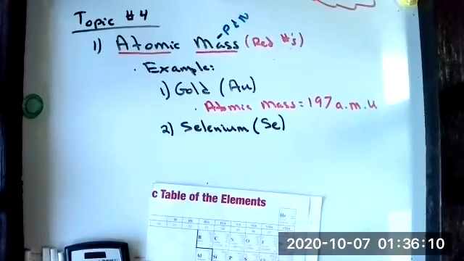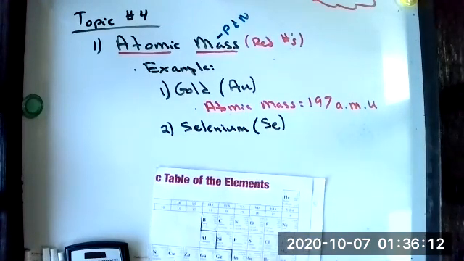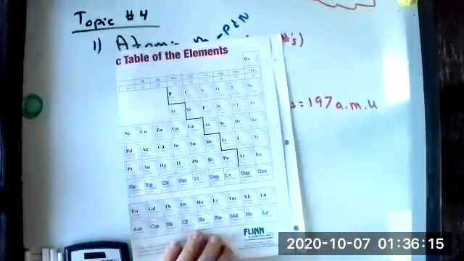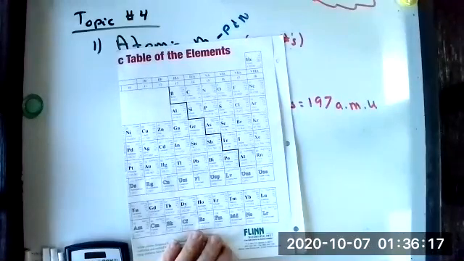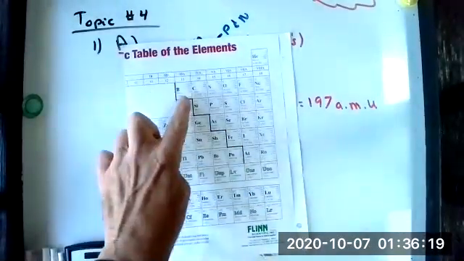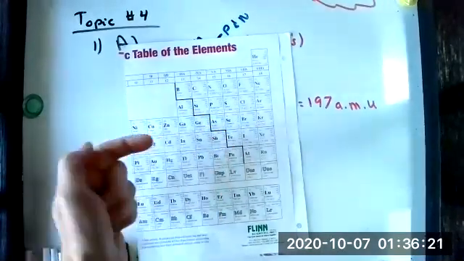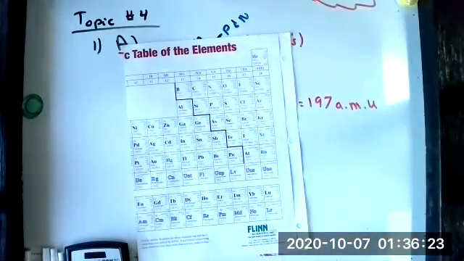I'll give you a hint. Go to the right side of your table. Find this nice dark zigzag line, and it's going to be over to the right. Hurry, locate. Get that red number. Round it.